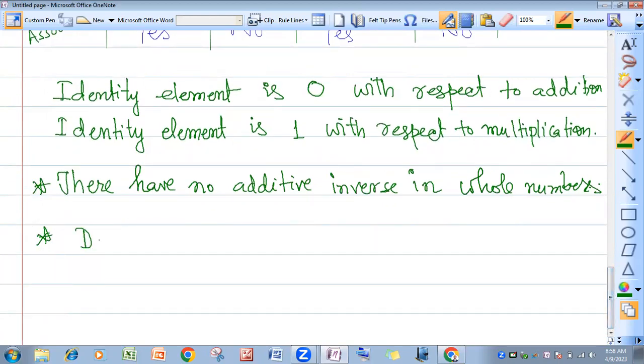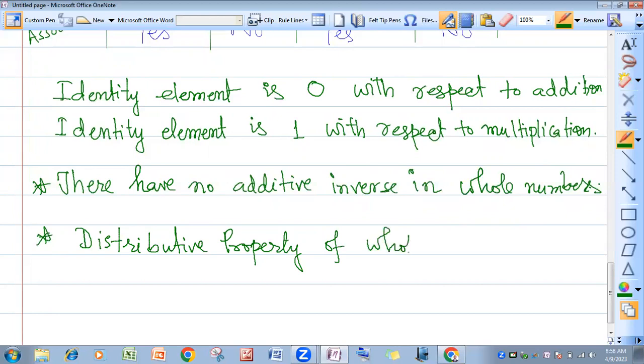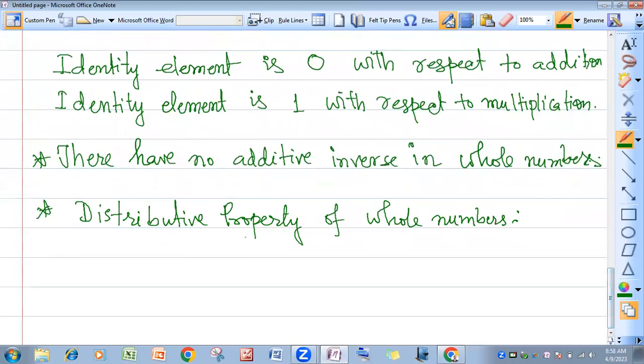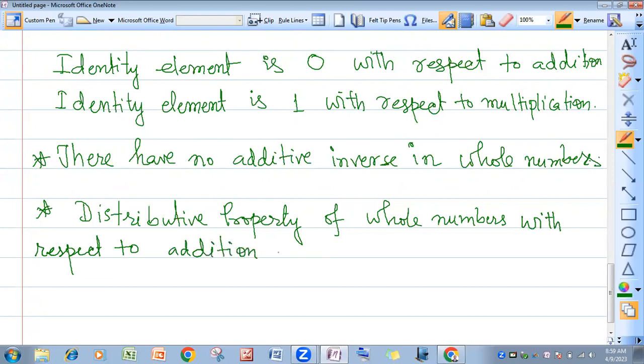Now distributive property. The distributive property of whole numbers with respect to addition and multiplication, multiplication over addition.